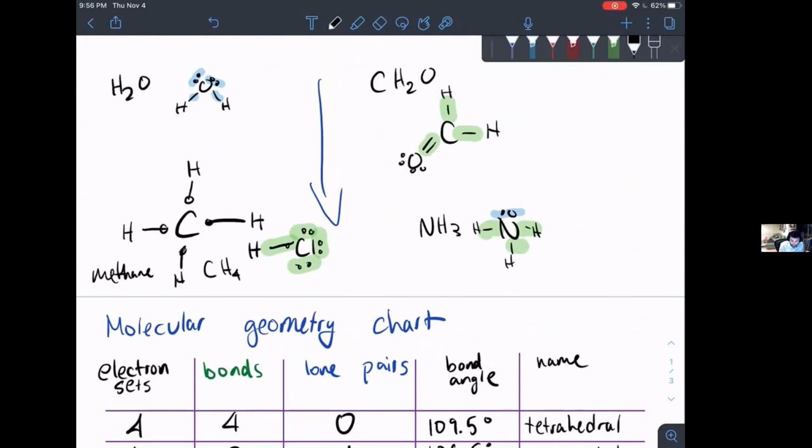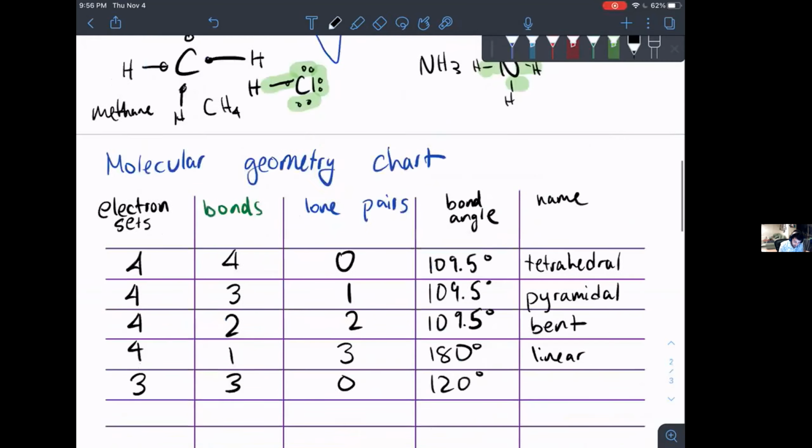There's nothing coming in or out of it. If you look at it from the side, you're not really going to see much. You'll see the carbon, a hydrogen, double bond to an oxygen, and there's a hydrogen kind of going at the back. So you kind of only see a line. Somewhere in the back there, you have a hydrogen. But on the top, it just kind of looks like this nice little triangle with 120 degrees on either side.